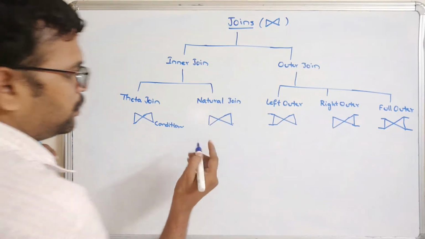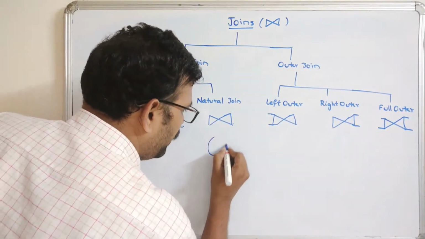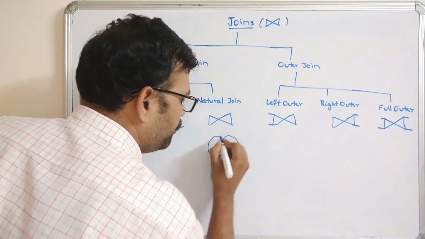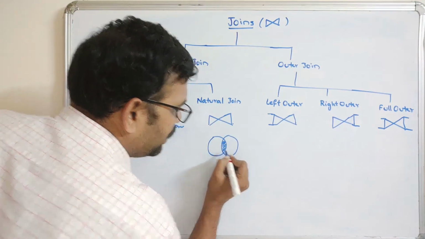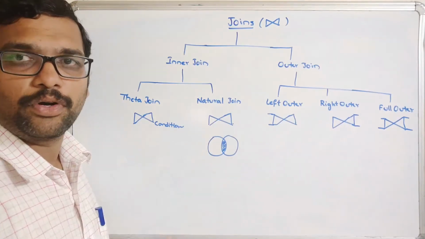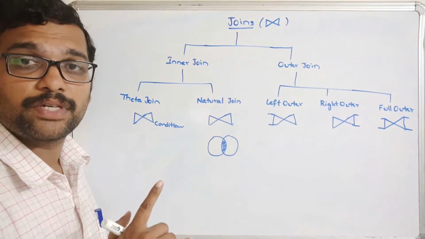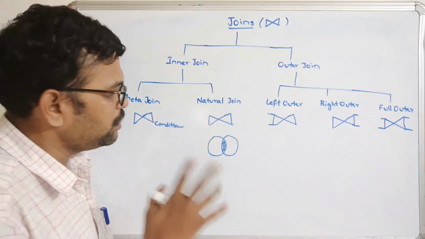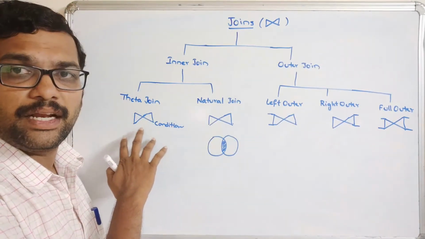Coming to the Venn diagrams, this is a natural join. Actually, theta join will be represented as a Cartesian product. In the previous session we studied the Cartesian product. The same Cartesian product we can consider as a theta join.